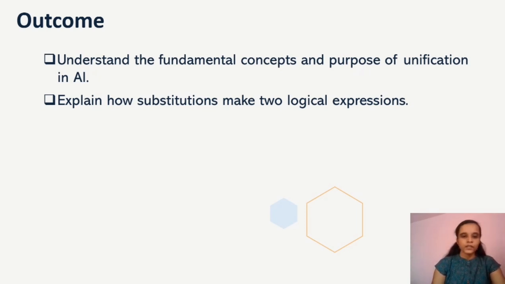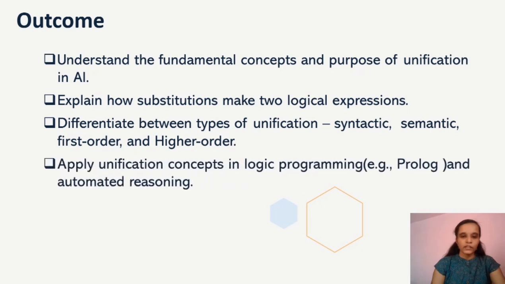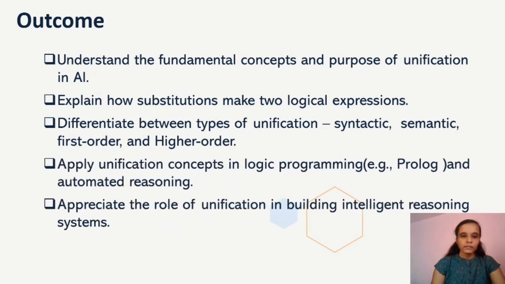Third one is differentiate between syntactic, semantic, first order and higher order unification. Fourth one, apply these ideas in logic programming, NLP and automated theorem proving. Ultimately, unification forms the foundation of how symbolic AI systems reason logically and make intelligent decisions.